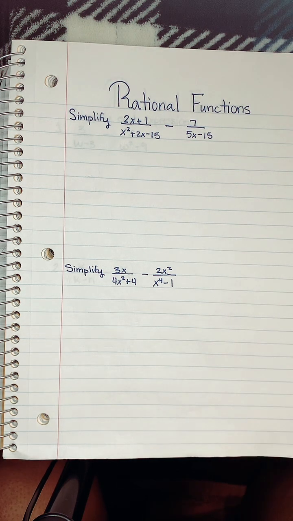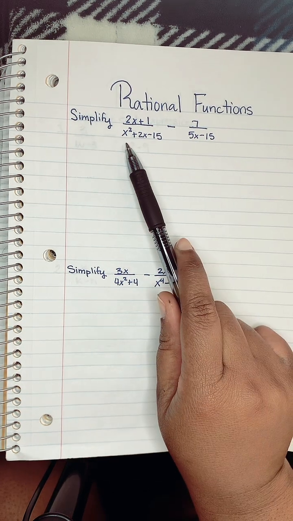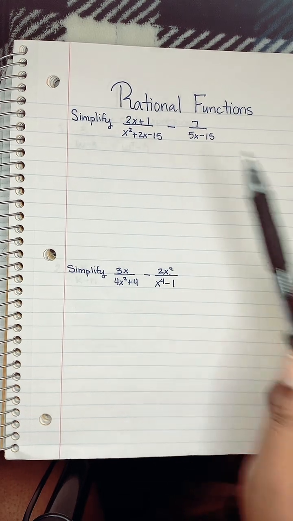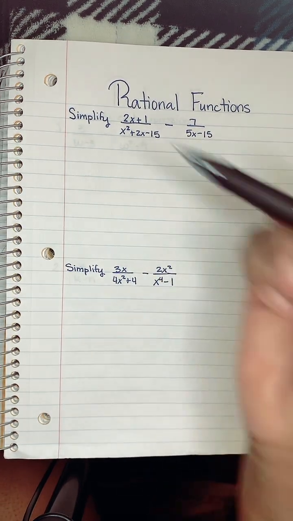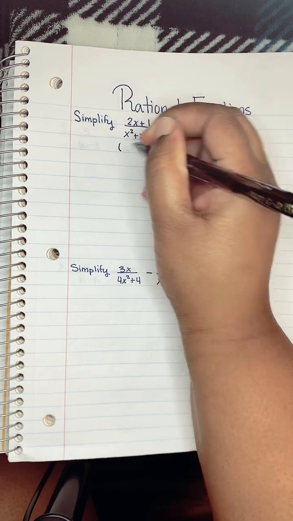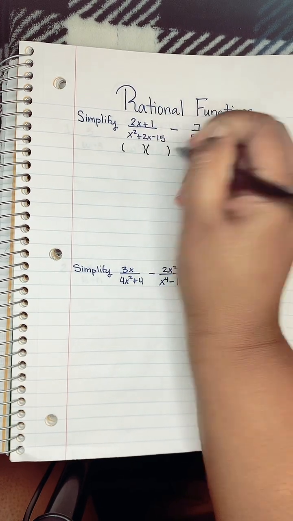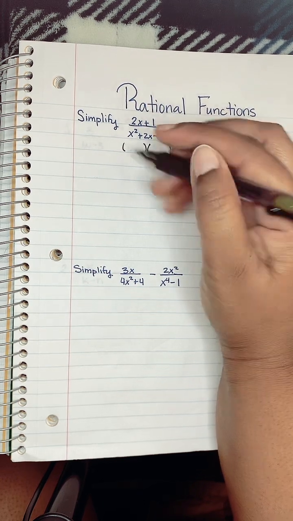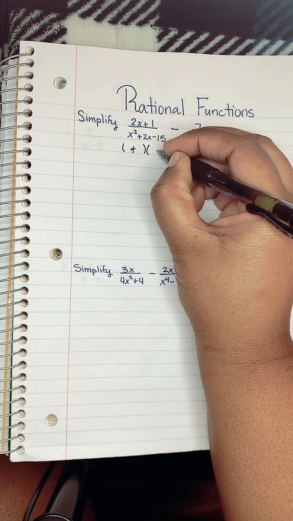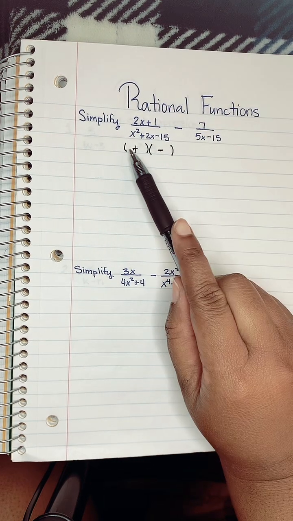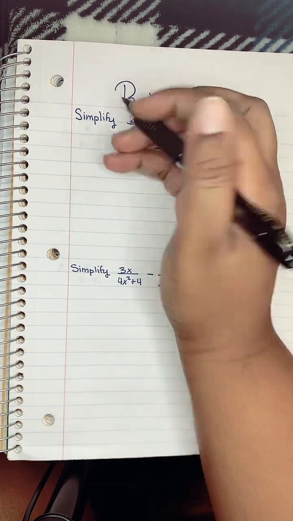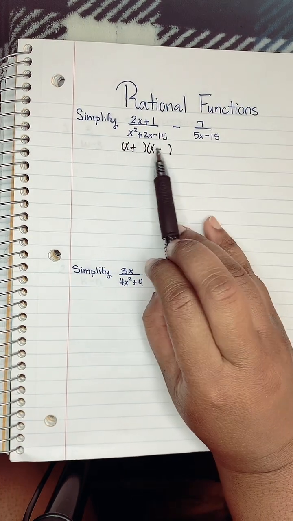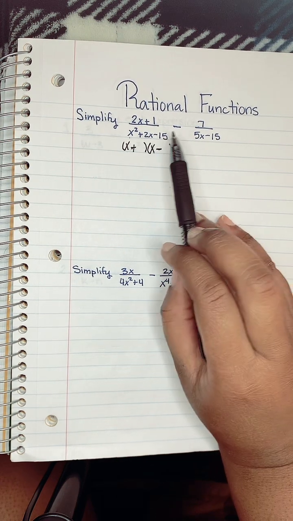All right, so let's keep on going, okay? So first we need to find out what our denominators are. So we're going to factor this. Okay. So we have a plus and a minus. Whenever you have a plus and a minus, that's your sign. And then you say, what times what gives you x squared? Well, x times x. And then what times what gives us 15?